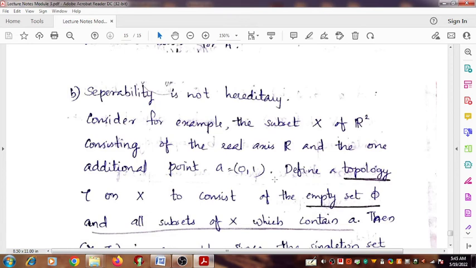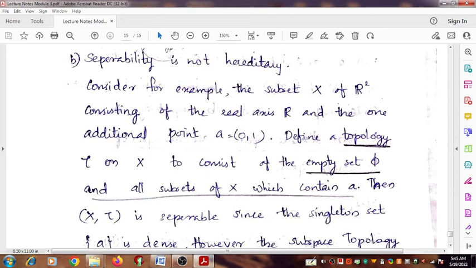The additional point (0, 1) lies on the y-axis, at a distance of 1 unit above the real line. This is the point A equal to (0, 1). So the set X is taken equal to the union of the real line and this point.